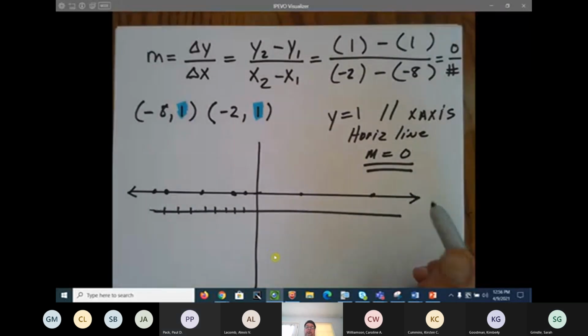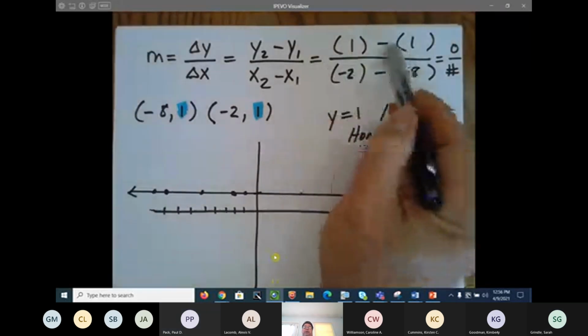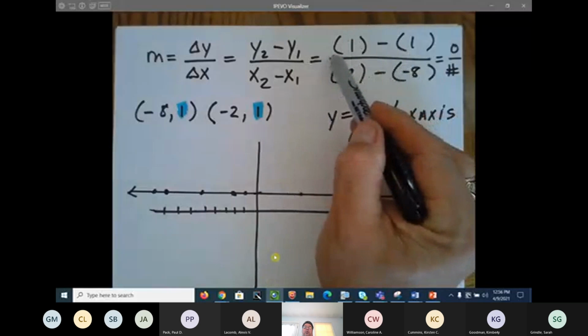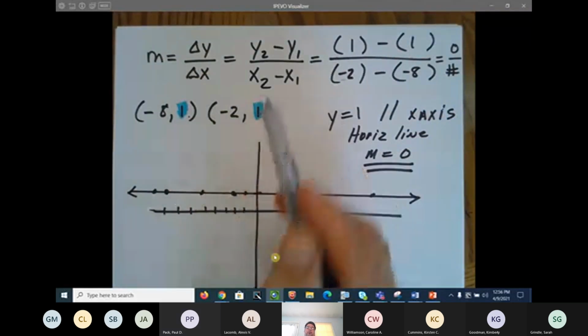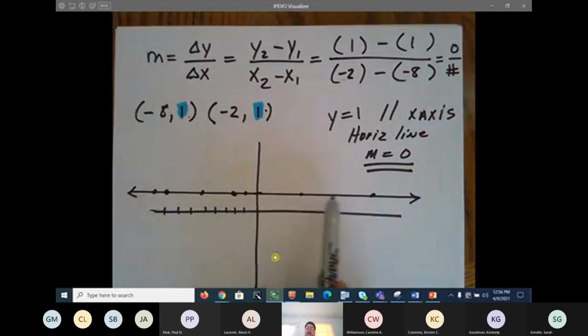So you can either find it by doing the math, or you can see that these two numbers are equal. So therefore, it is a horizontal line, which means slope is equal to 0. I don't care which way you do it, but the slope is 0.